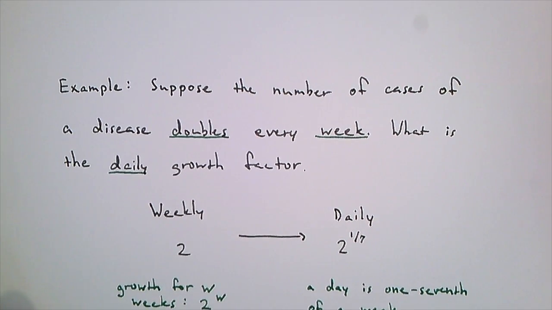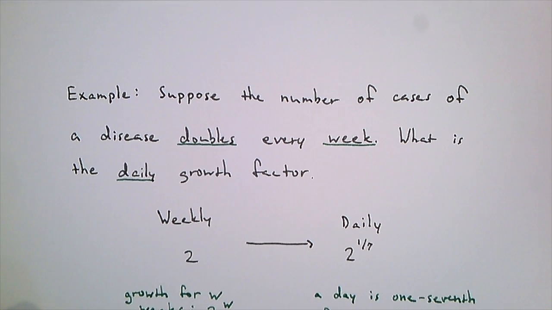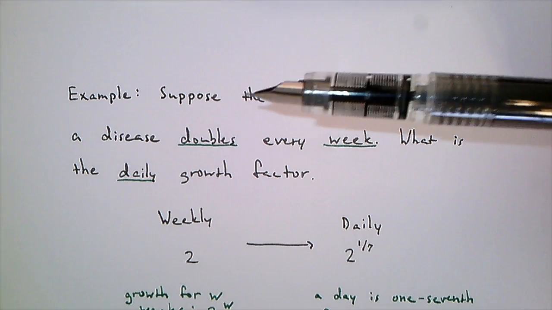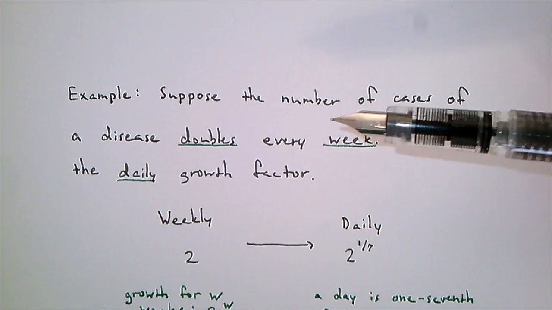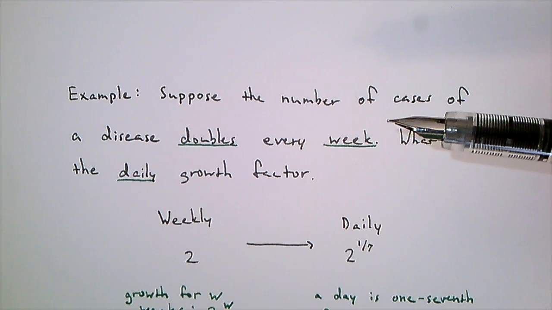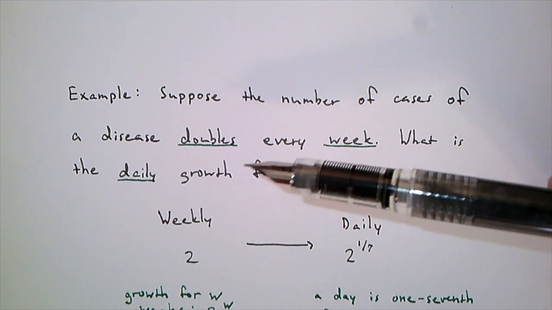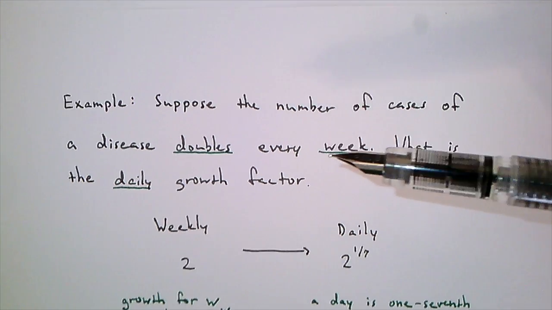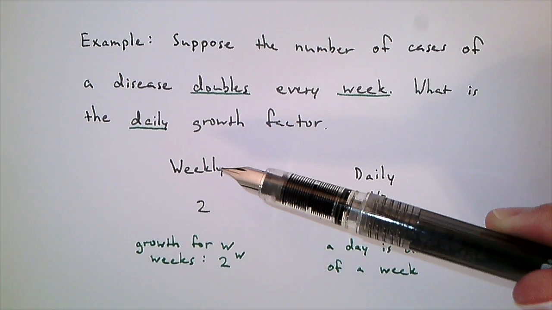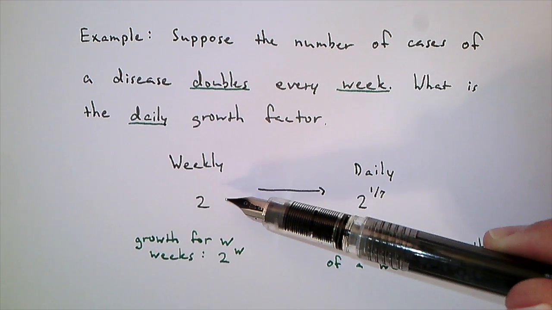Let's go back to our first example where we were talking about the exponential growth of a disease. And remember, that disease doubles every week. But what I want to do is change this weekly growth factor into a daily growth factor. So here's what we're starting with, a weekly growth factor of 2.